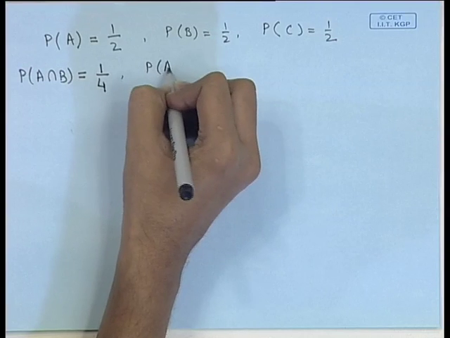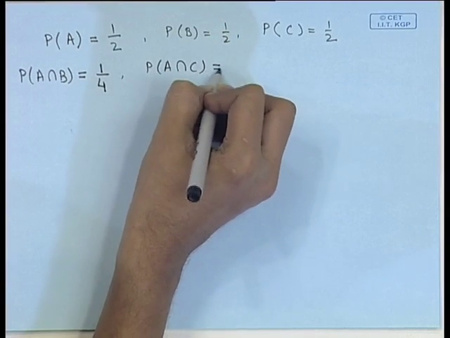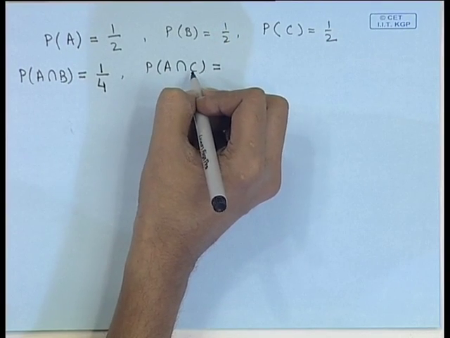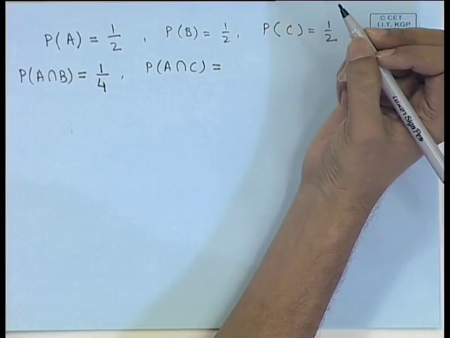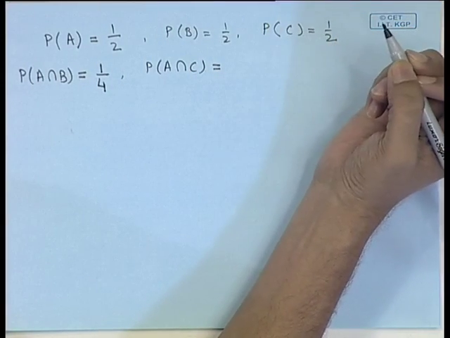probability of A intersection C, then we are saying that the first number is odd and the sum is odd. It is possible: 1 2, 1 4, 1 6, 3 2, 3 4, 3 6, 5 2, 5 4 and 5 6.